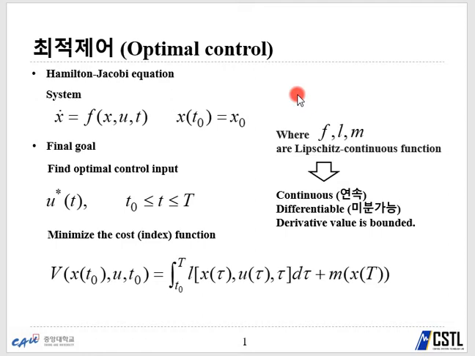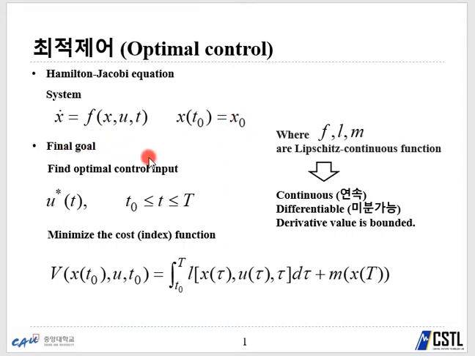Before explaining the LQR, the linear quadratic regulator, the Hamilton-Jacobi equation comes first. The Hamilton-Jacobi equation is derived using the general form from nonlinear dynamics. There is a nonlinear dynamics and its initial value.